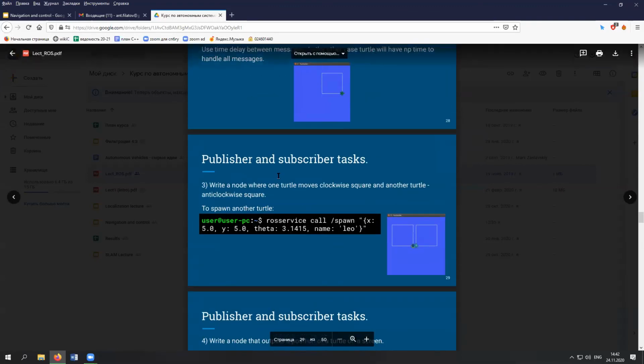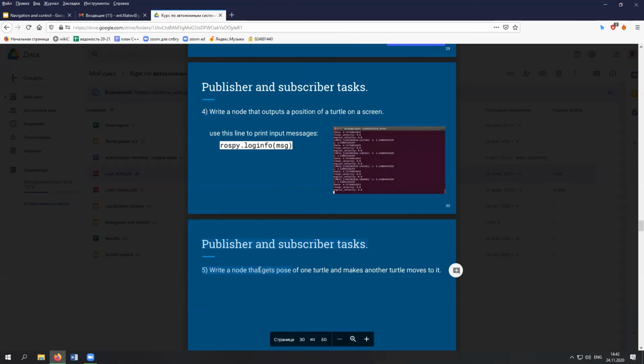Okay, when you help me to install ROS, there is one task, question 5, right? Yes, just only this task. Right now you have only one task, this one, and in the next lecture there would be the second task.